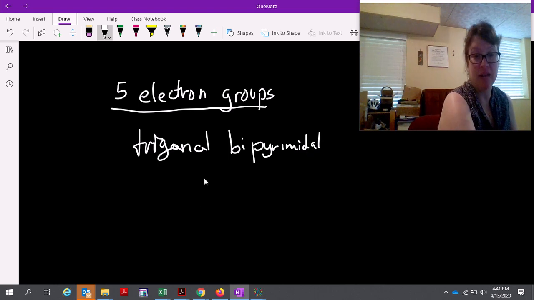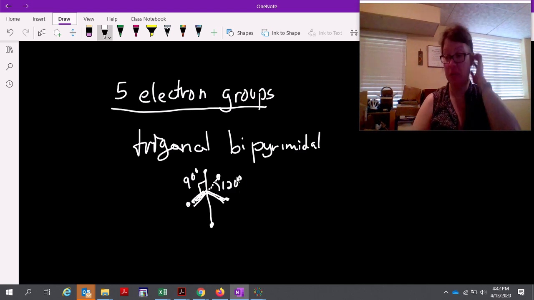And what this looks like, you kind of have what we call the axial, kind of a stick coming up and down, and an equilateral triangle, 2 pieces of it coming out towards you, 1 piece going back into the board, coming around the middle of this thing. The angle between the up and the down and the plane is 90 degrees. And then around the triangle is back to that 120 degrees like in trigonal planar.